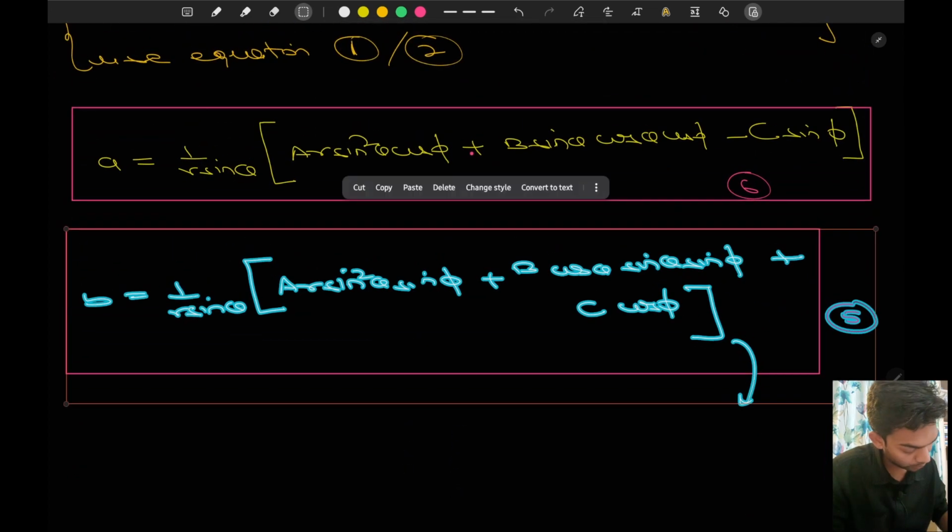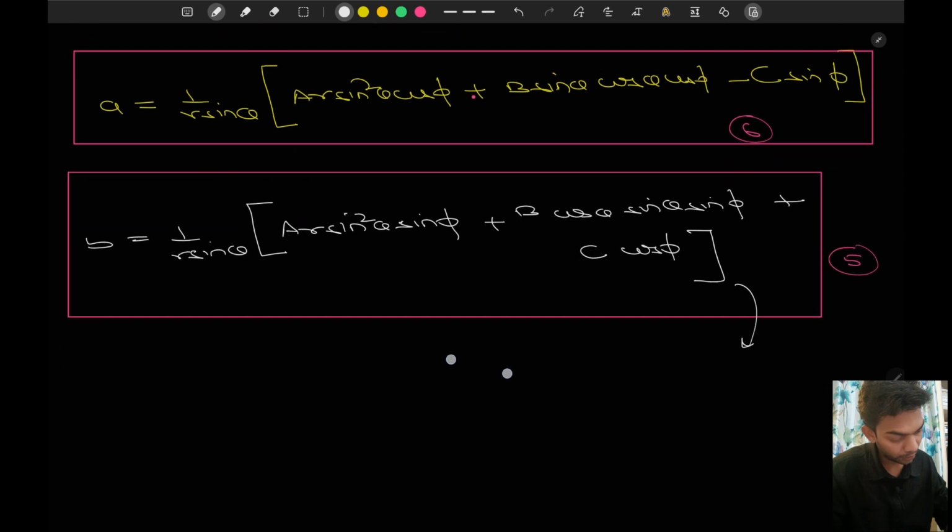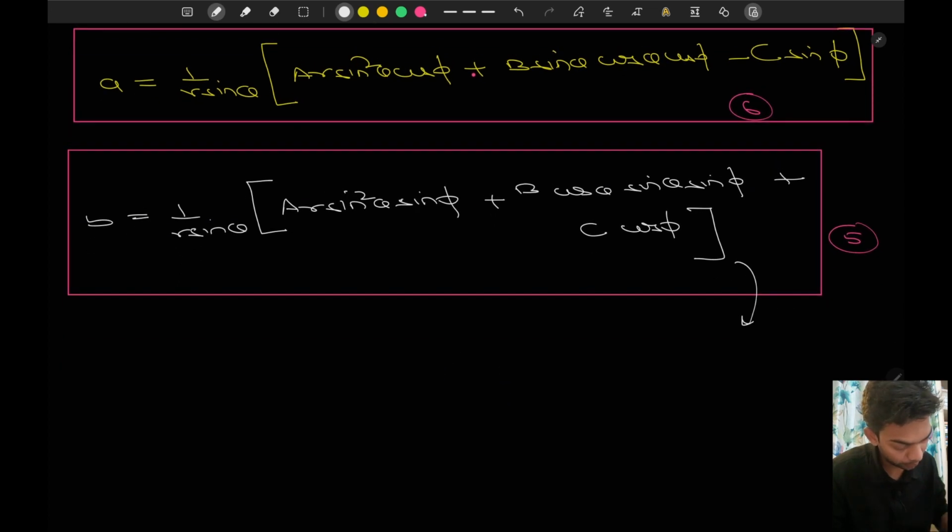So this is sin phi. Okay, and I'm giving you the expression for c which you have to calculate, please calculate this.